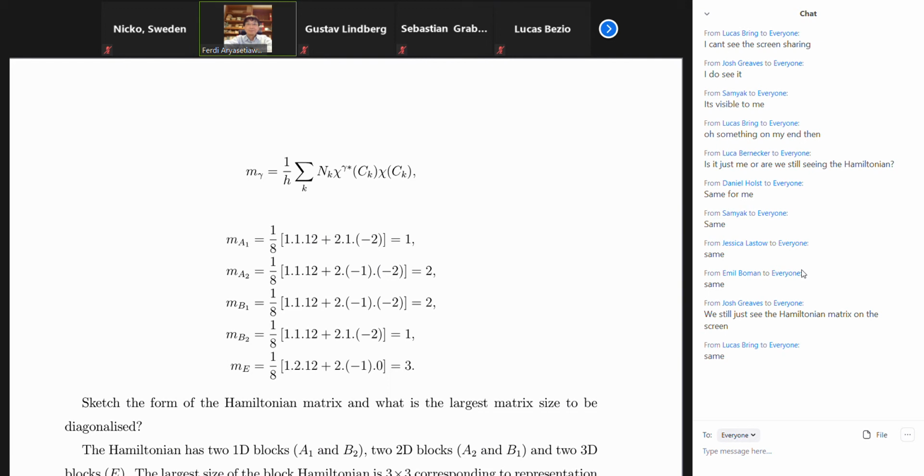So if you have then a dipole field, you have to figure out which representation that type of field corresponds to.